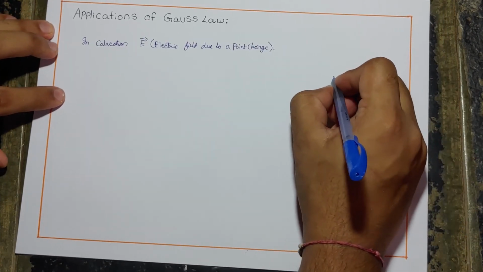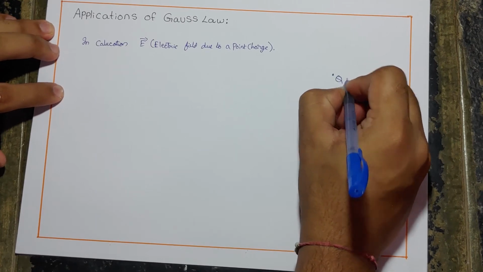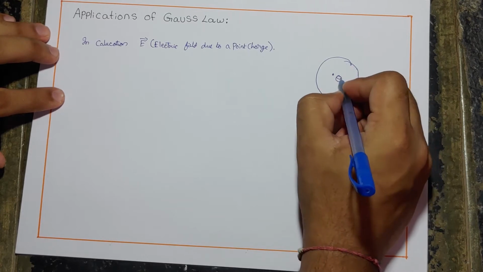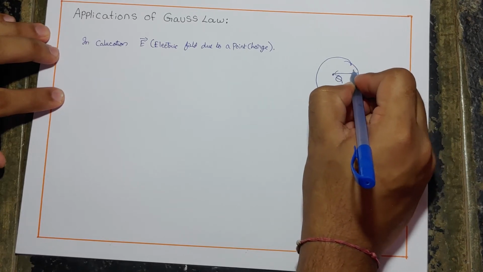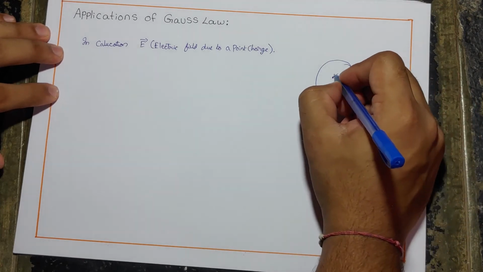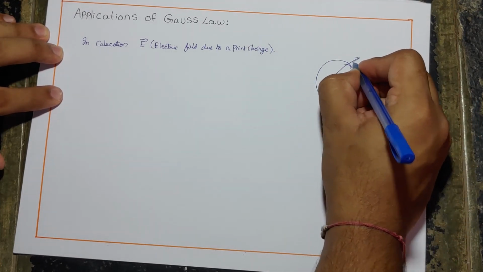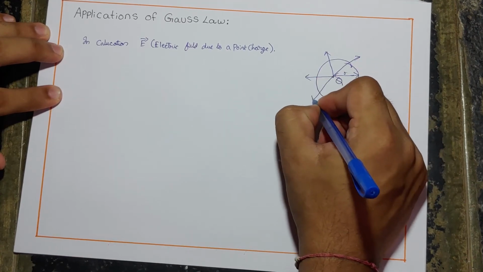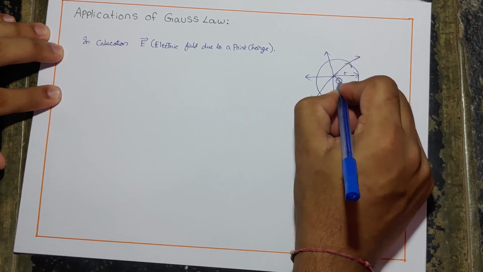According to Gauss law, let us take a charge q enclosed in a closed surface with a distance from the sphere of r. Its electric field will be outside the surface like this in all the directions.